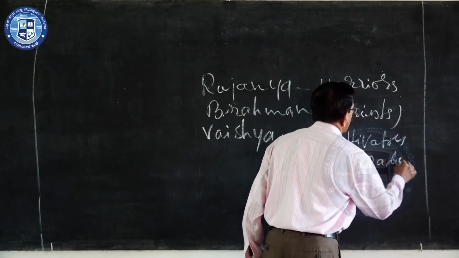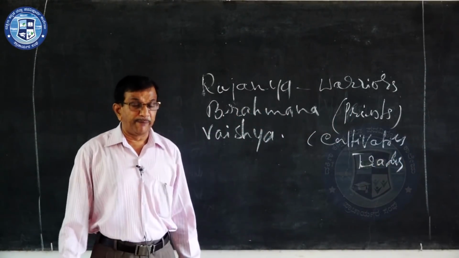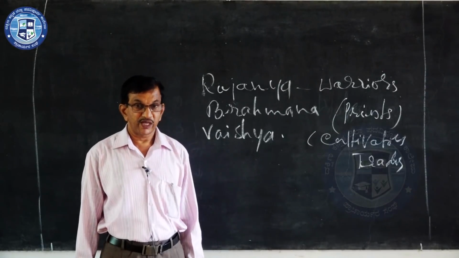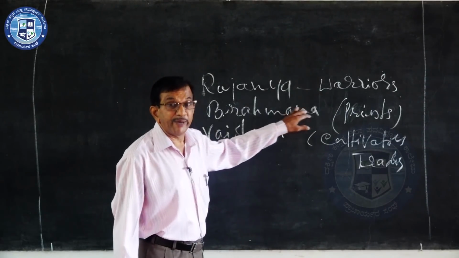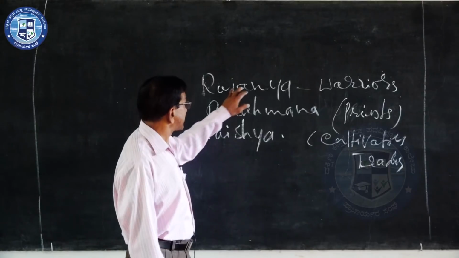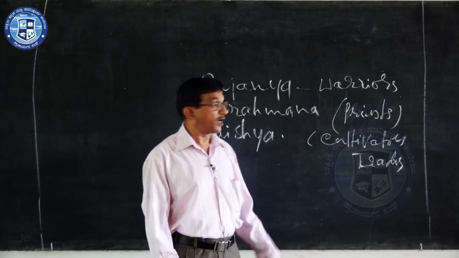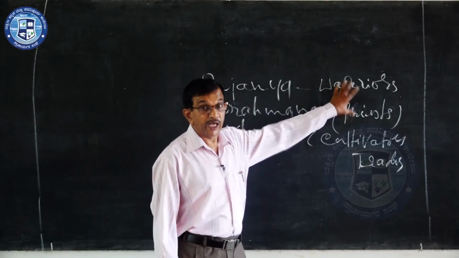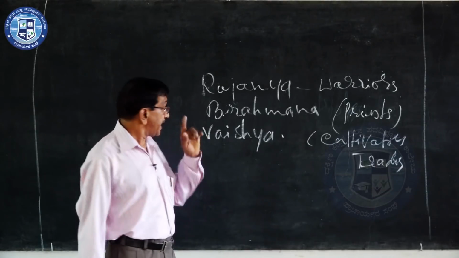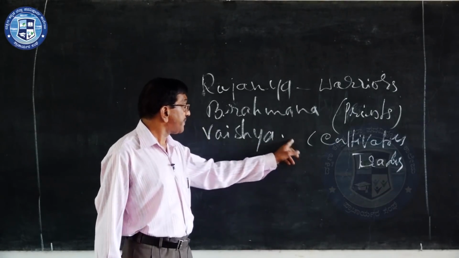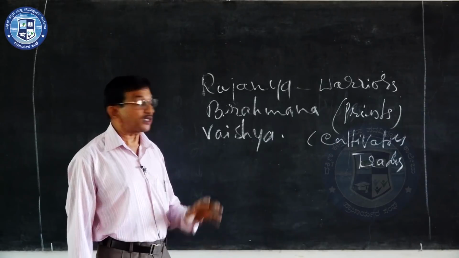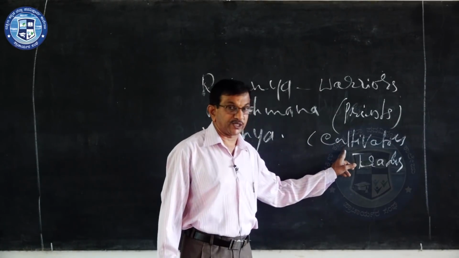See here, every people want to have food. Brahmana, they may not produce food. Rajanya, they may not produce food because their task is totally different. Now we want food, and therefore the task performed by this Vaishya is to engage in cultivation.